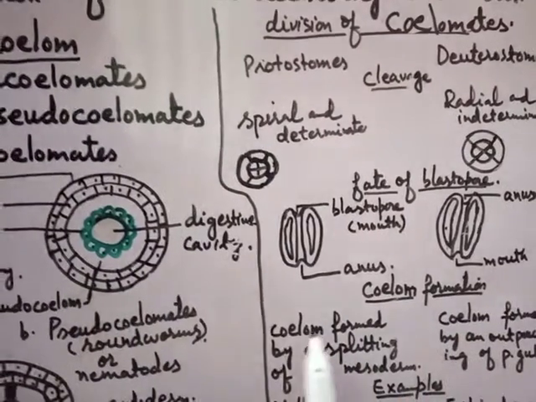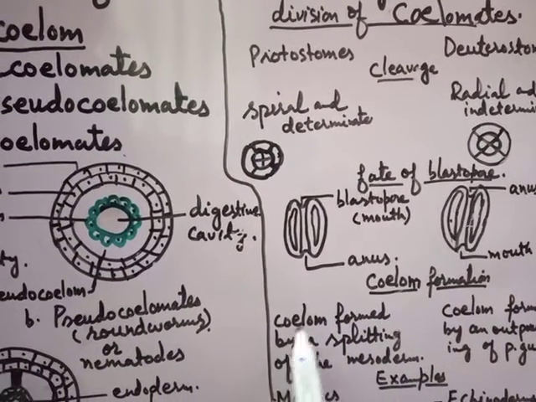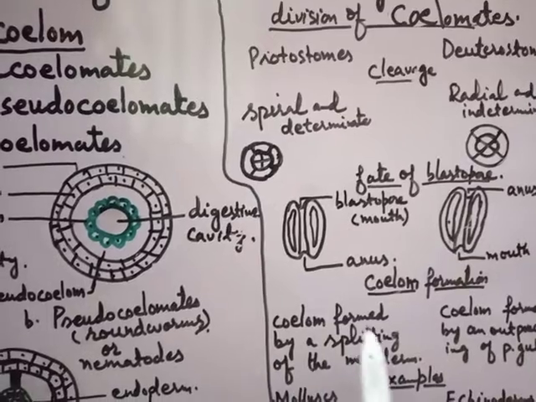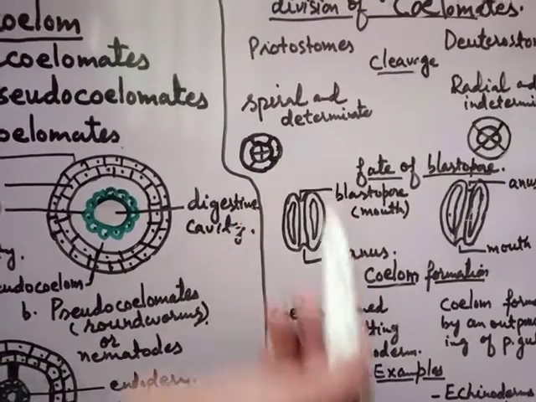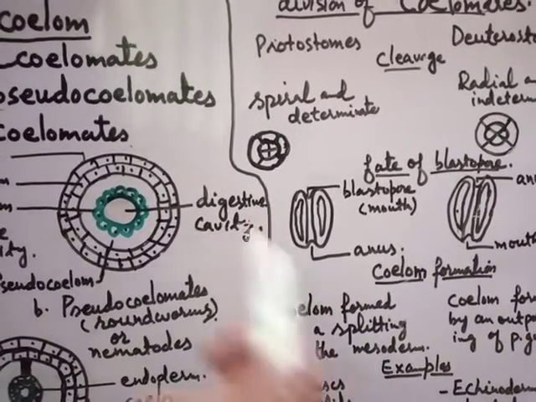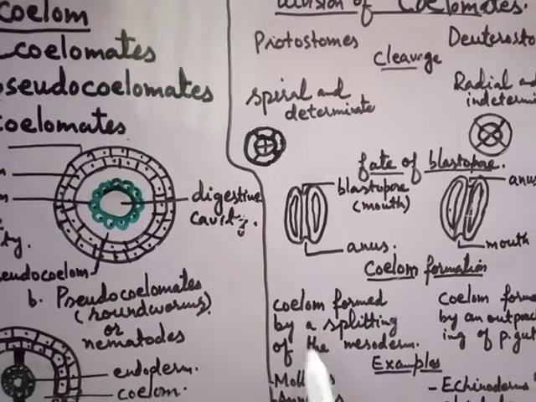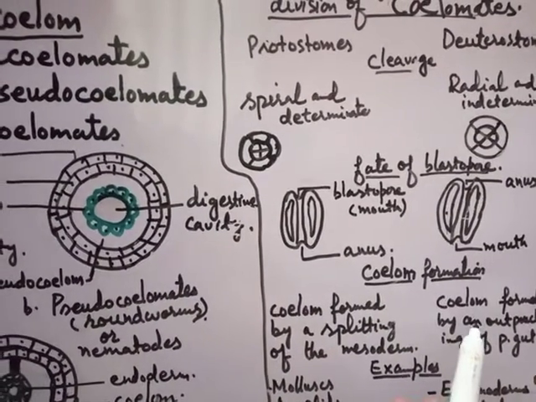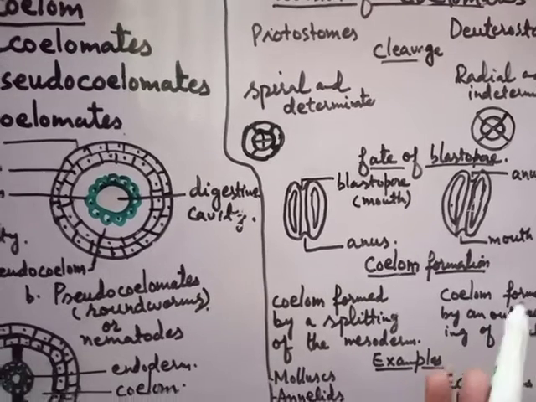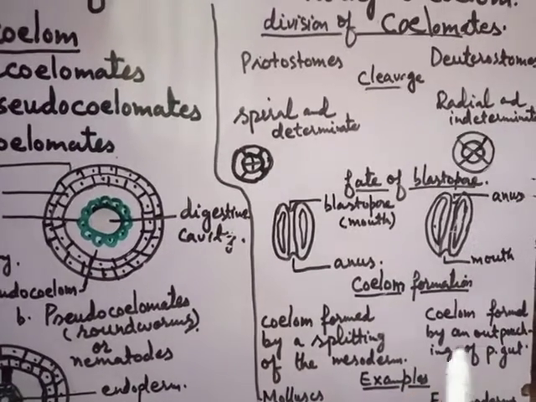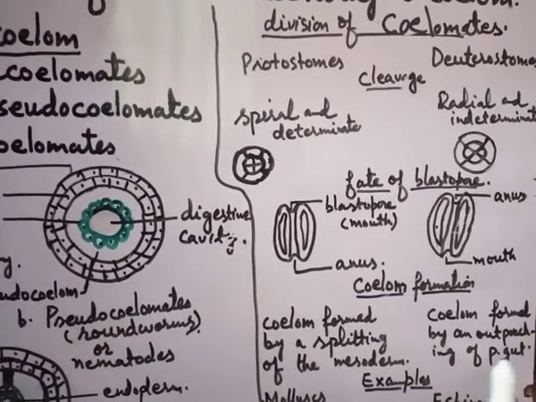Then formation of coelom. Students, in this case, coelom is formed by splitting of the mesoderm. In case of protostomes, the mesodermal layer splits into two and it forms what? Coelom. While in case of deuterostomes, coelom is formed by the outpocketing or outpouching of the primitive gut.